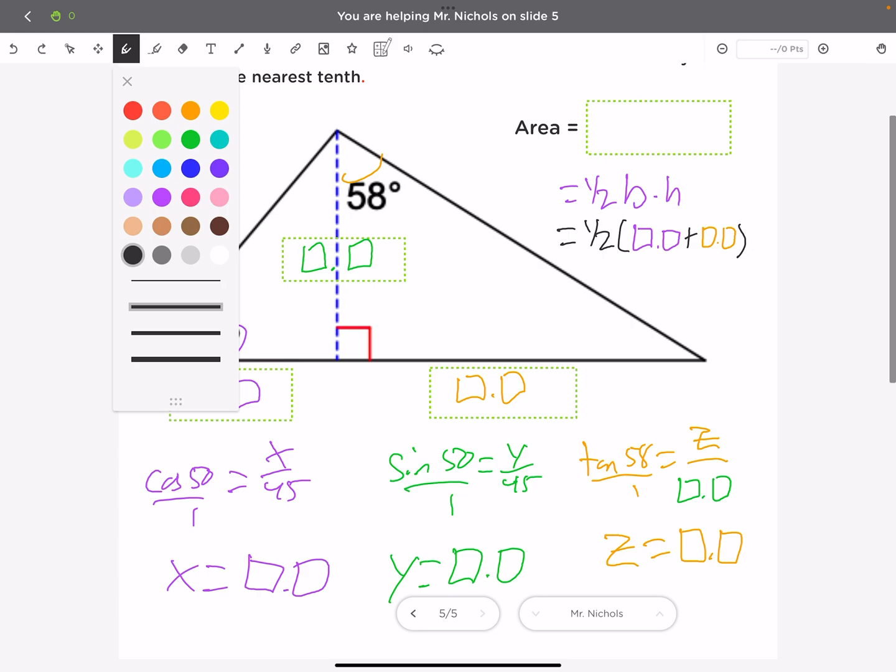And then we multiply it with our height in green. I'm running out of space, but you can see here, multiply it by the green. You get that, round it to the nearest tenth, and then that should be your overall. We'll make our overall black, why not? It should be some value that's not necessarily a one-digit number, but it has one decimal digit because it's rounded to the nearest tenth.